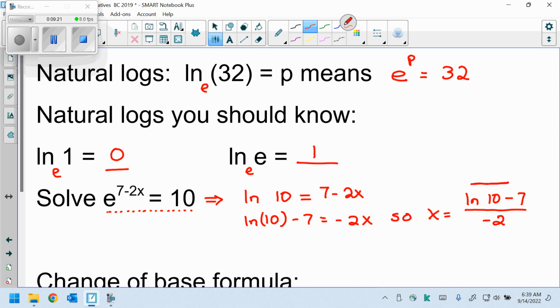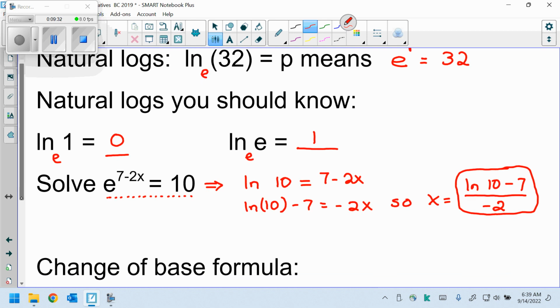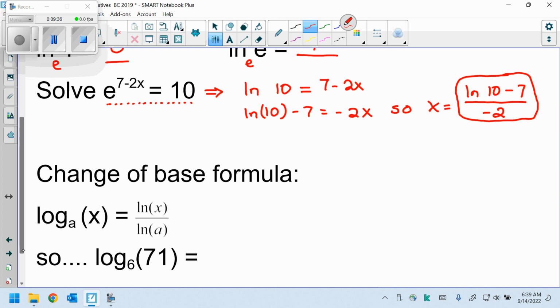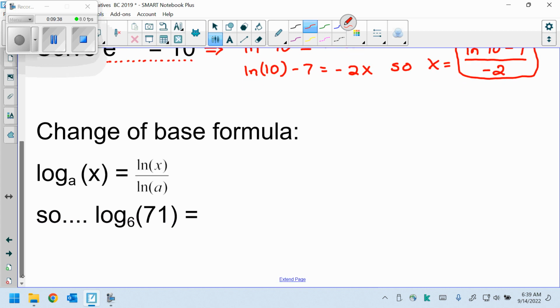Nice exact answer. Don't know what it is as a decimal. If it's a no calculator problem, this is it. If it's a calculator problem, make sure you're accurate to 3 decimal places. So going between exponential and log form, or exponential form and natural log form, is going to be important.